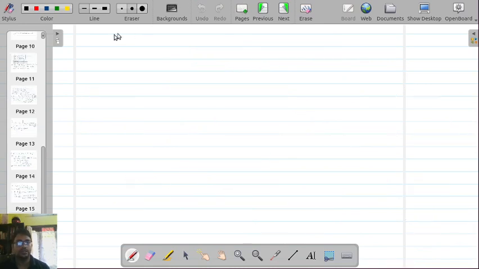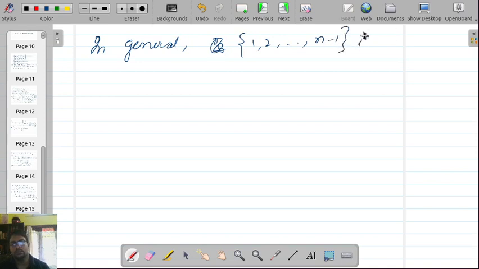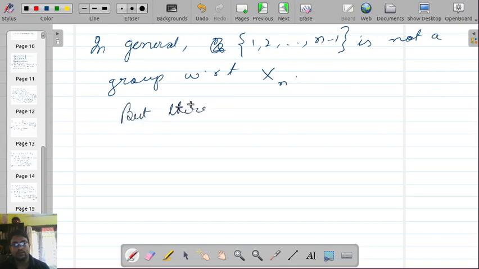So in general, the set 1, 2, up to n minus 1 is not a group with respect to multiplication modulo n. But there are certain cases where it becomes a group.